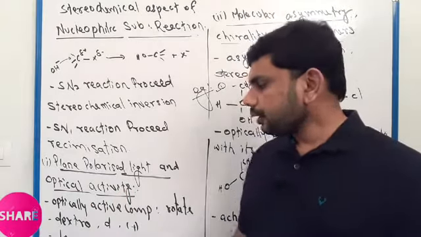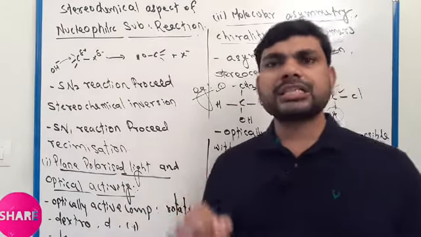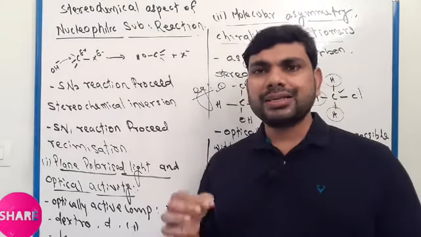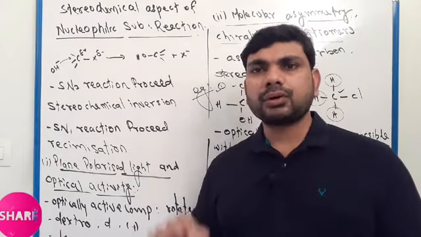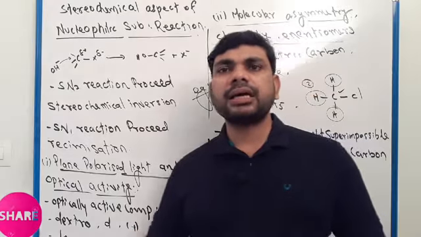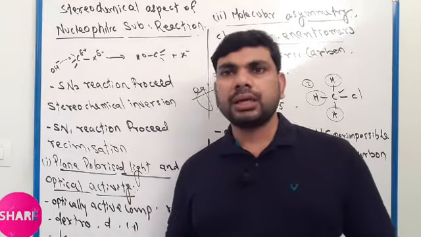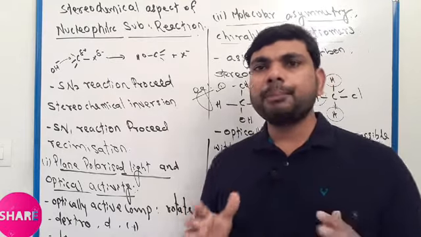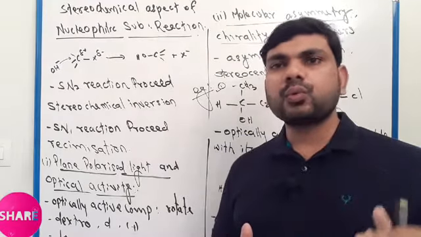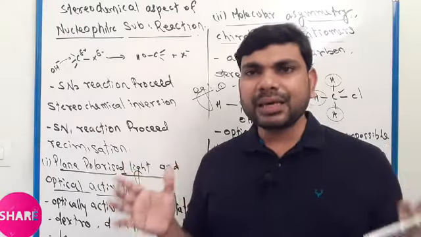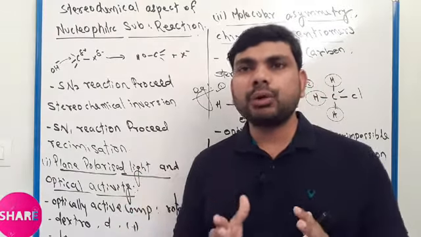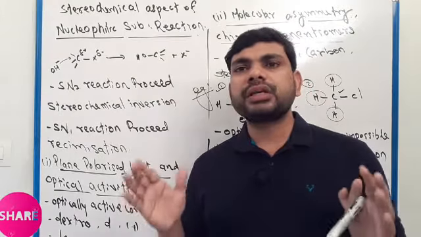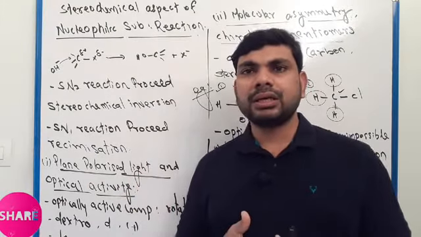Also understand dextrorotatory isomer and levorotatory isomer. Dextrorotatory isomer rotates plane polarized light clockwise. Levorotatory isomer rotates plane polarized light anti-clockwise. But a racemic mixture contains equal amounts of D and L isomer, so it does not rotate plane polarized light.